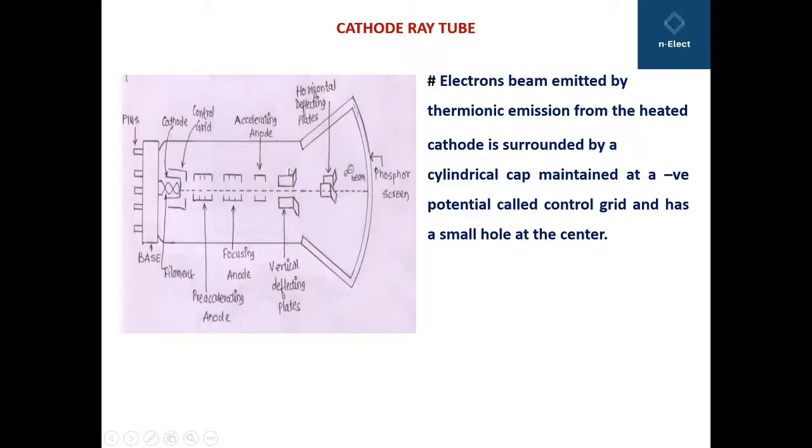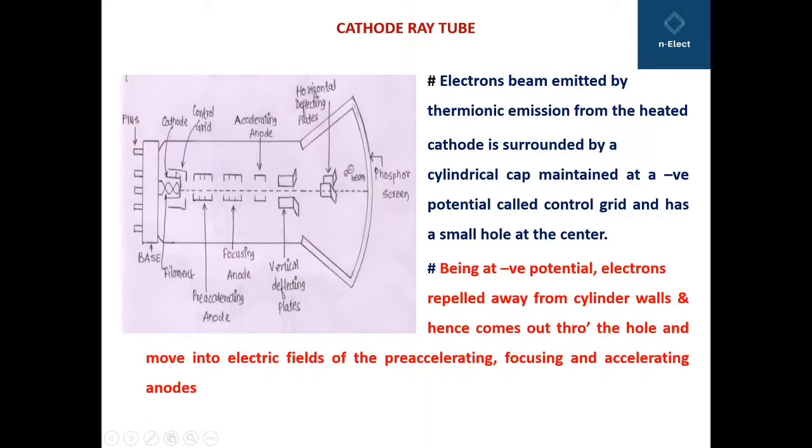The electron beam is emitted by thermionic emission. Thermionic emission means heating of the cathode with the help of the heater element. So the electron beam emitted by thermionic emission from the heated cathode is surrounded by a cylindrical cap which is maintained at negative potential, called the control grid, and has a small hole at the center.